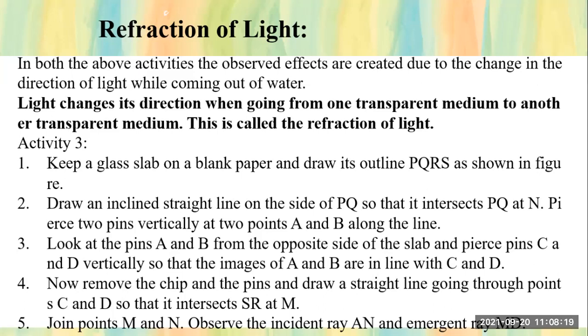You can see things in water also, right? So students, when light travels from one transparent medium to another transparent medium, what happens at that time? Light changes its direction.